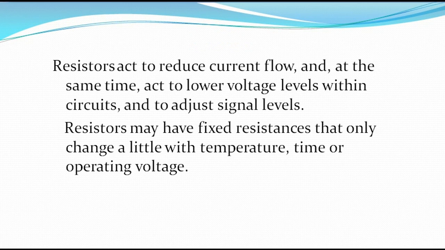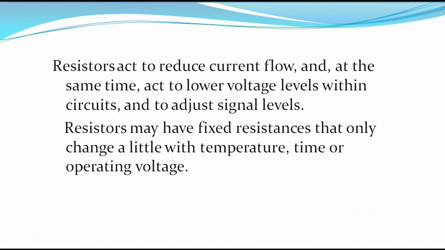Now, resistors act to reduce current flow, and at the same time act to lower voltage levels within circuits and to adjust signal level. If I am to explain adjusting signal level, it could be a voltage, it could be a current.